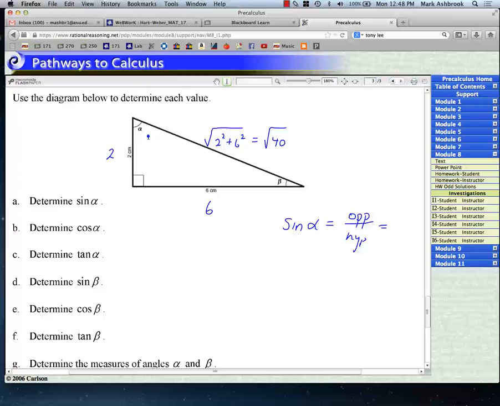The opposite side to the angle alpha is the 6, and the hypotenuse is radical 40. Yeah, question? We don't need to rationalize the denominator. We're just getting the ideas here, so it's less important.